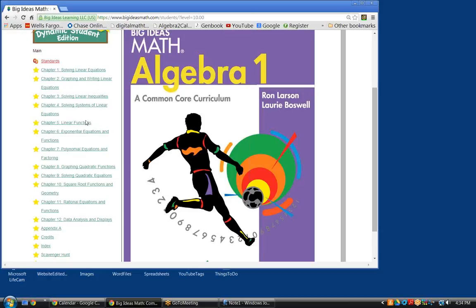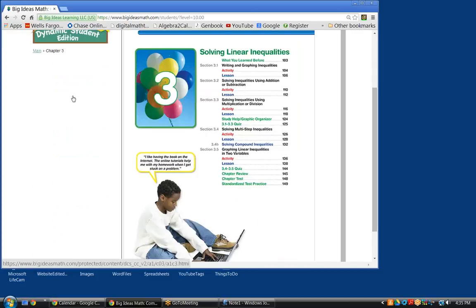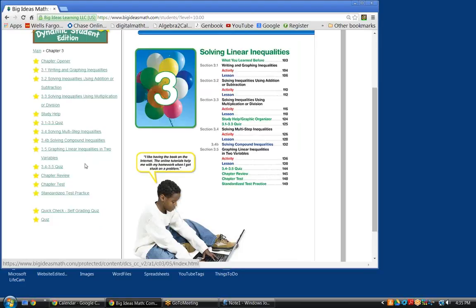So it looks like the chapter will be 3.5. Okay. 3.5 looks to me like it's graphing linear inequalities.